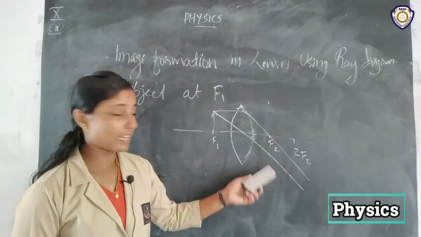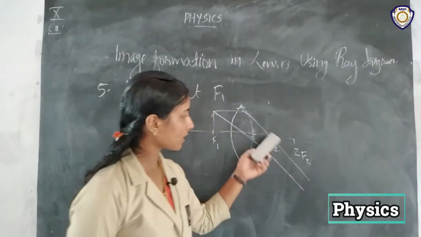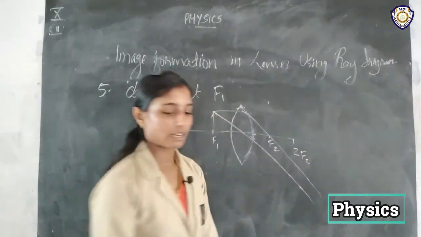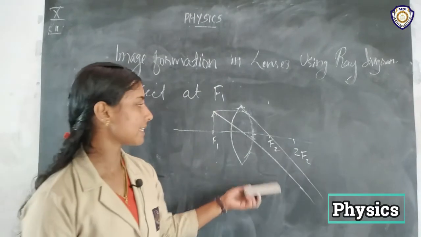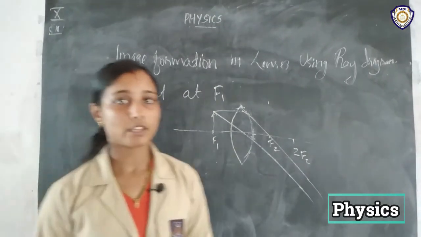So we can say the image is formed at infinity. These lines go parallel to each other, right? So we can see from here the image formed will be at infinity.